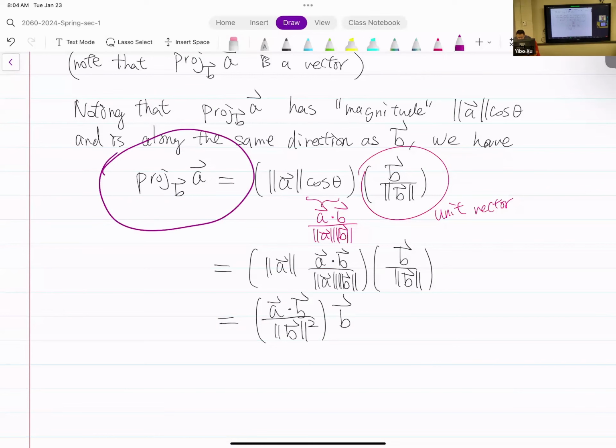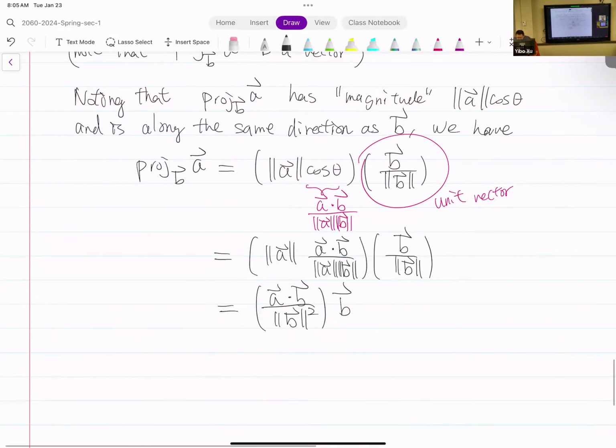So the projection of the vector A onto the vector B is you doing that orthogonal projection down to the direction of B, and then you get a quantity representing the magnitude, which is a real number in front of the unit direction of the vector B. The magnitude thing is the magnitude of A cosine theta, where theta is the angle between the vectors A and B. So we can replace the cosine by the inner product over the product of the magnitudes.